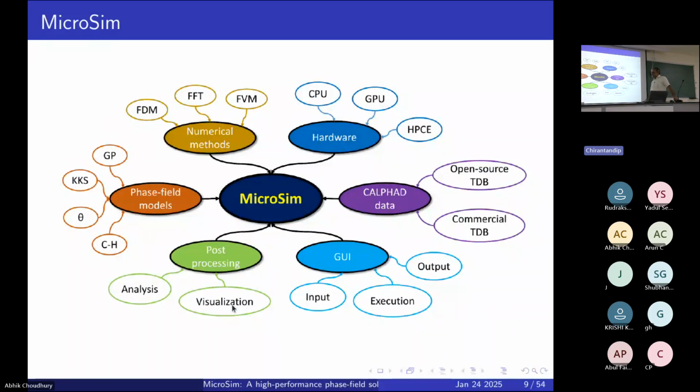Some simple analytic outputs, such as grain size as a function of time, are plotted readily for us. So as you can see, MicroSim reflects all aspects of the computation and the ecosystem that we have today. In that sense, it is quite comprehensive, and some of them are very unique.